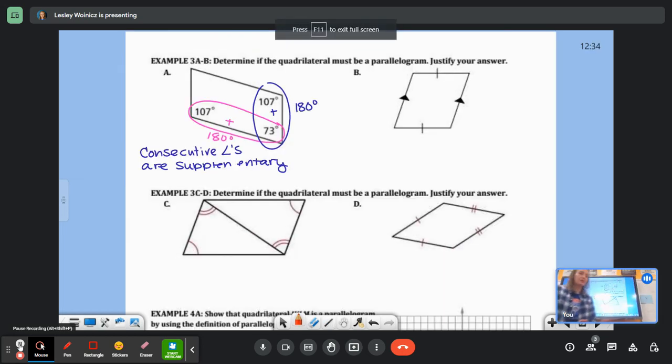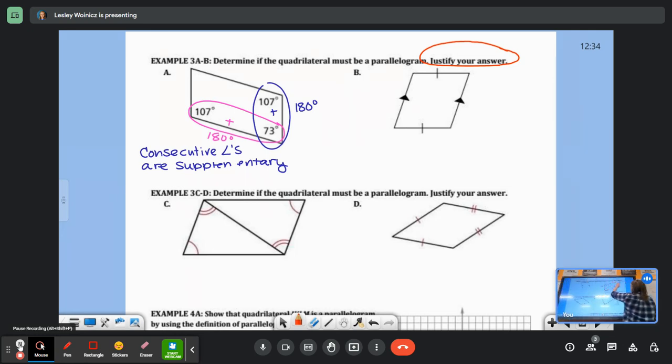I want to draw your attention to the fact that this does say justify, so we can't just say yes, even though that's very tempting. So yes, this is a parallelogram. And then our justification is that our consecutive angles are supplementary.